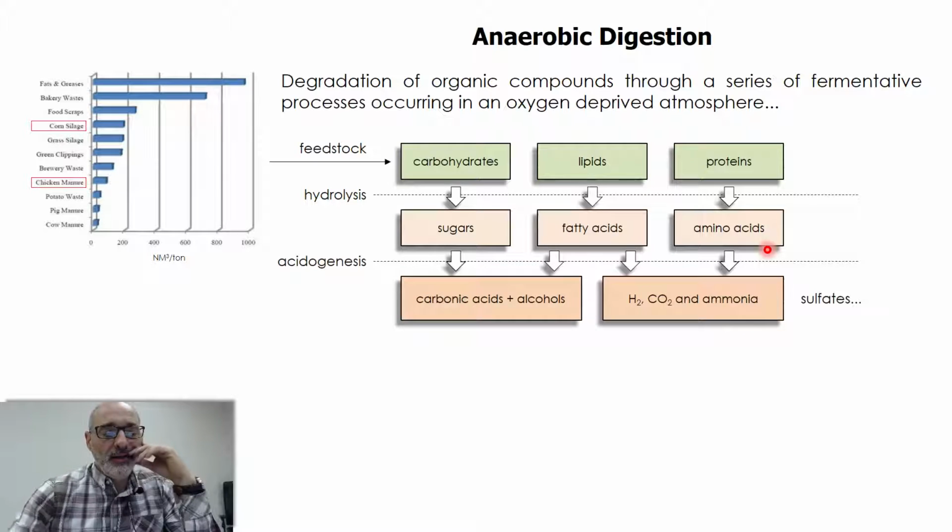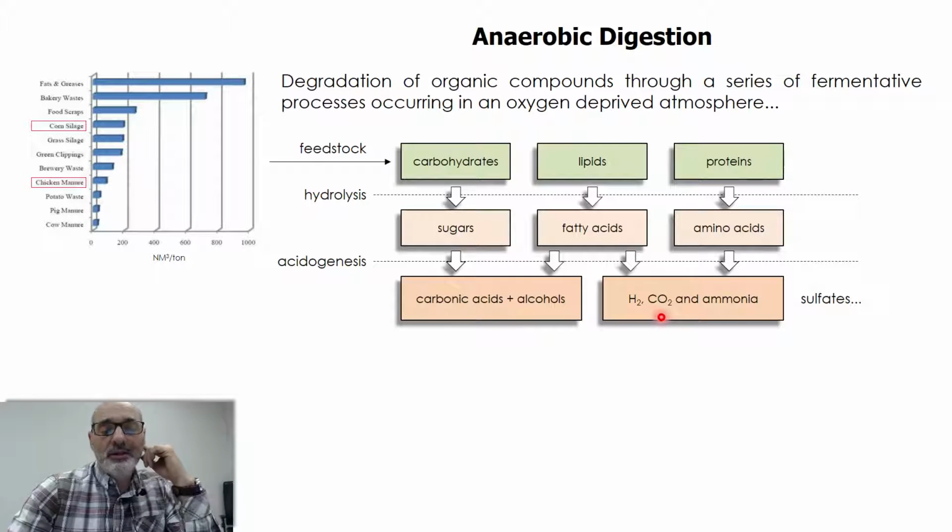Okay, a second is acid generation. So sugars and fatty acids generate carbonic acids and alcohols. On the other side, you already have generation of gases, H2, for instance. H2 is a valuable energy carrier product. You can stop the reaction here and use only H2.